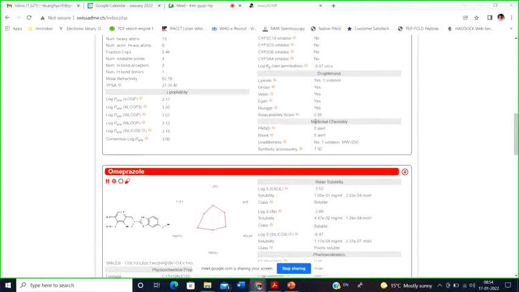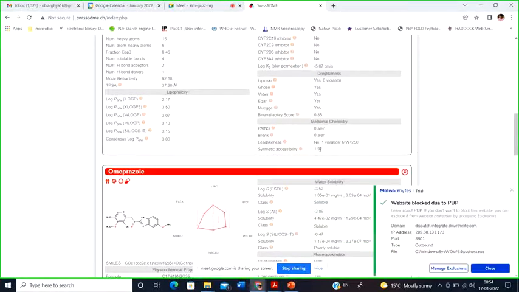Okay, next you have the medicinal chemistry. Why is it important? This is important for synthesizing the molecule. That means what is the synthetic accessibility? 1.92.